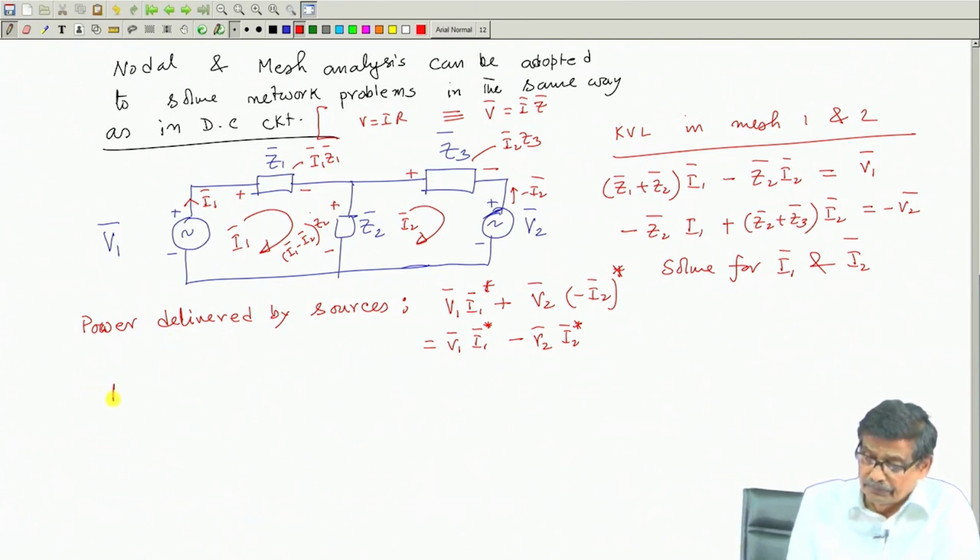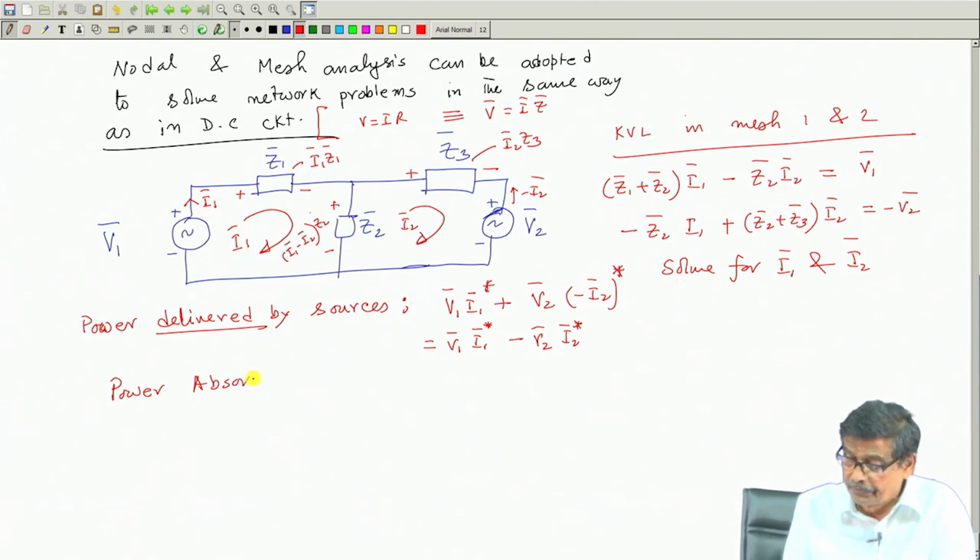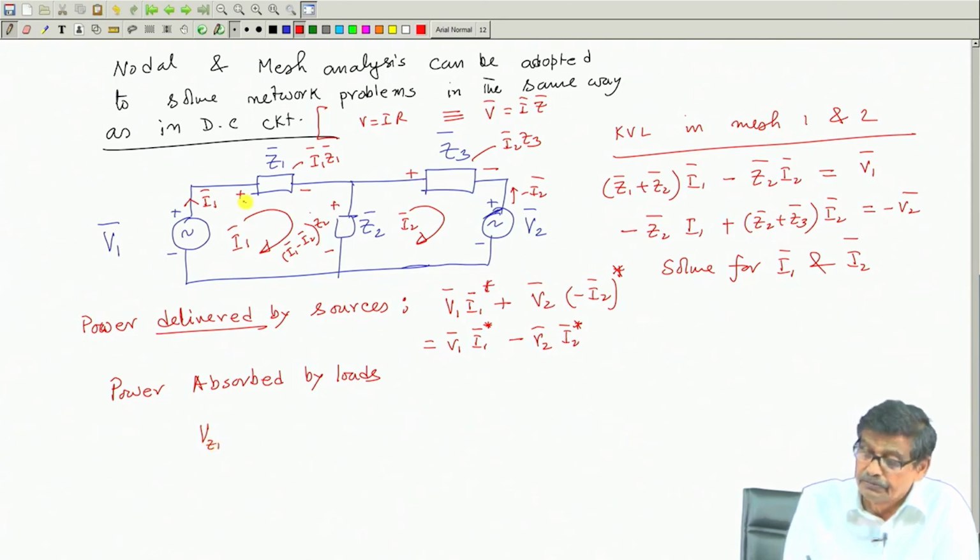Similarly, power absorbed by all the loads. This language you decide what you will write, absorbed by the loads will be: voltage across Z1, V Z1, and I will say I1 star.